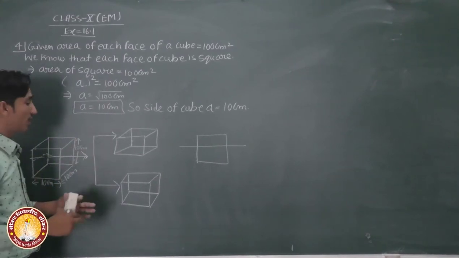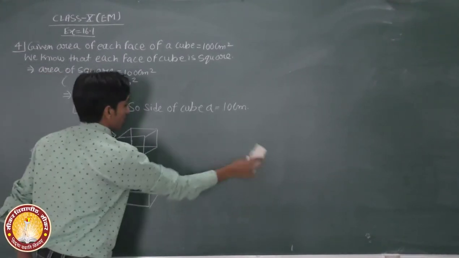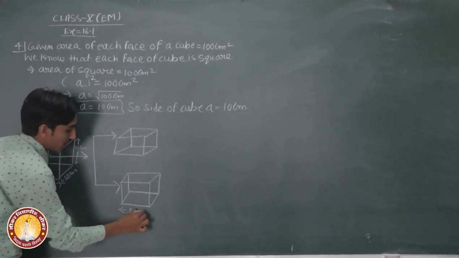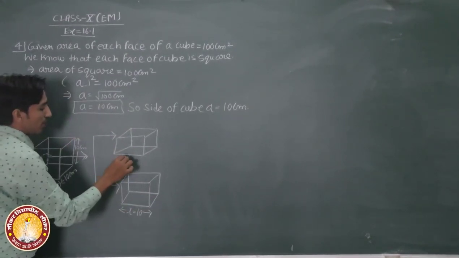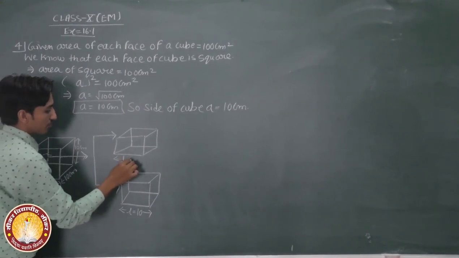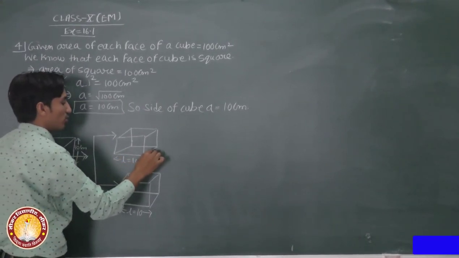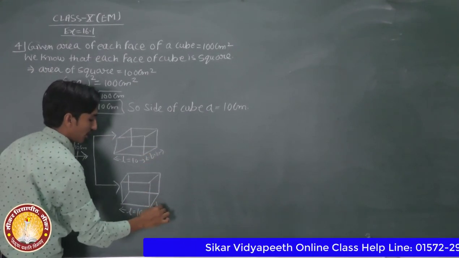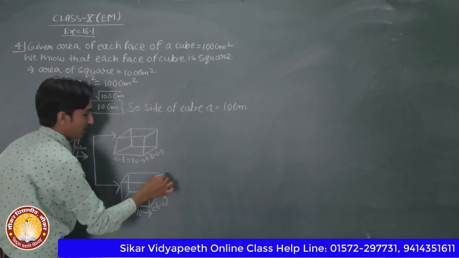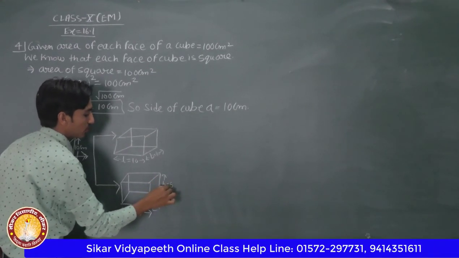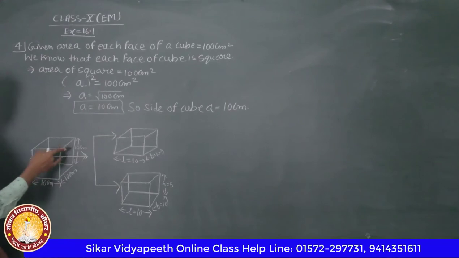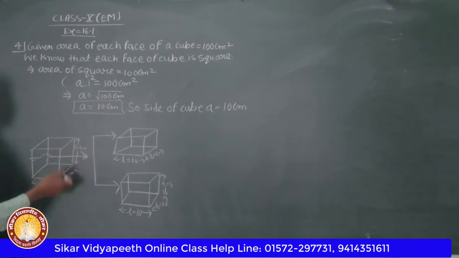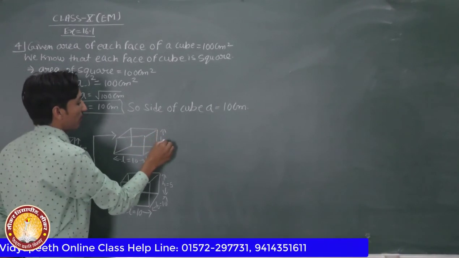Height will be half. So L is equal to 10, and B also 10, and height becomes half, because the cube is cut into two equal parts.